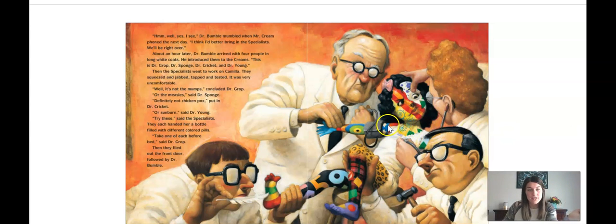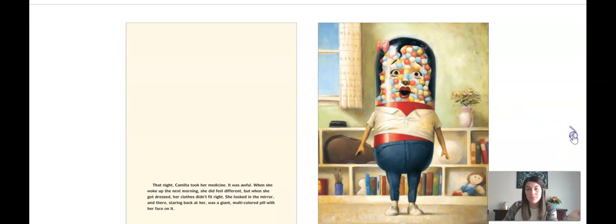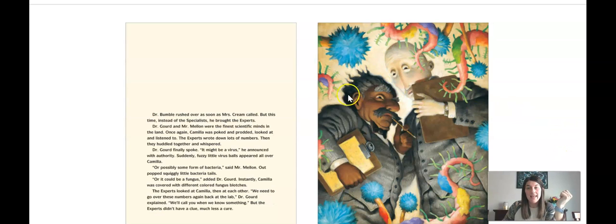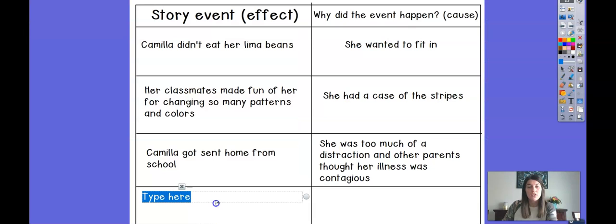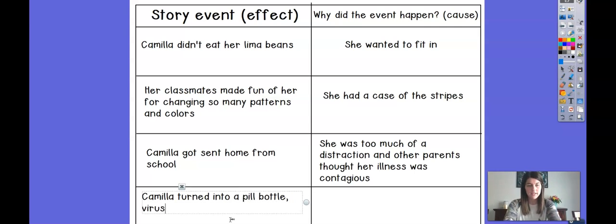All right, she turned into a pill bottle, and then she was turning into the fungus, the bacteria, making sure I get the right words, and the virus. Okay, so those are some things that happened. So what is the story event? Camilla turned into a pill bottle, virus, fungus, and bacteria.